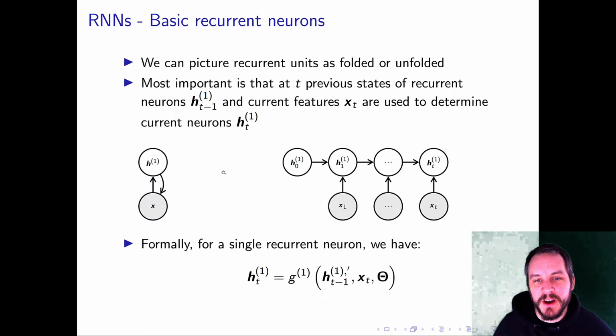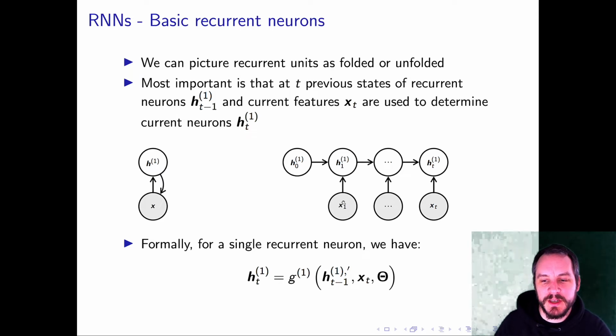But if you unfold it, I think it's easier to understand what's happening here, because below we have the information which is processed over time. In our example, X is a univariate variable, so it is just a single stock price at a given point in time. But it could be more variables at each time step.